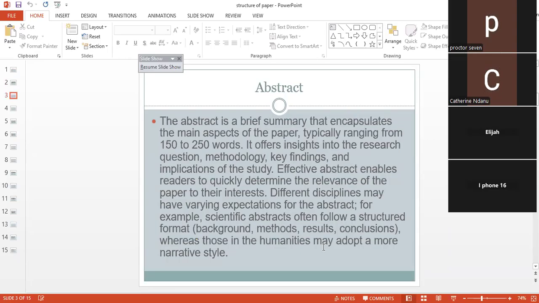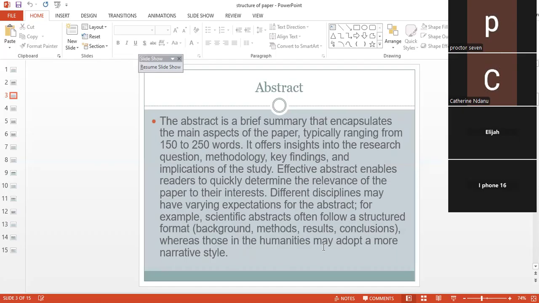So an abstract is basically an executive summary of the study. Before you go into the main body or introduction, you must have a part called an abstract, which is a summary of the whole study. It offers insights into the research question, methodology, key findings, and implications of the study.